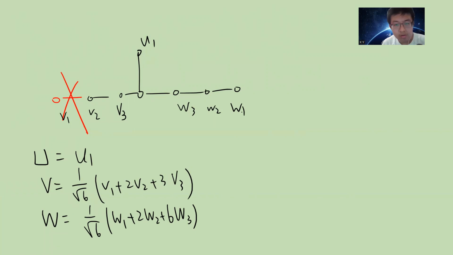Okay, so obviously they are all connected by this X, so they are also orthonormal. So all these are also orthonormal.